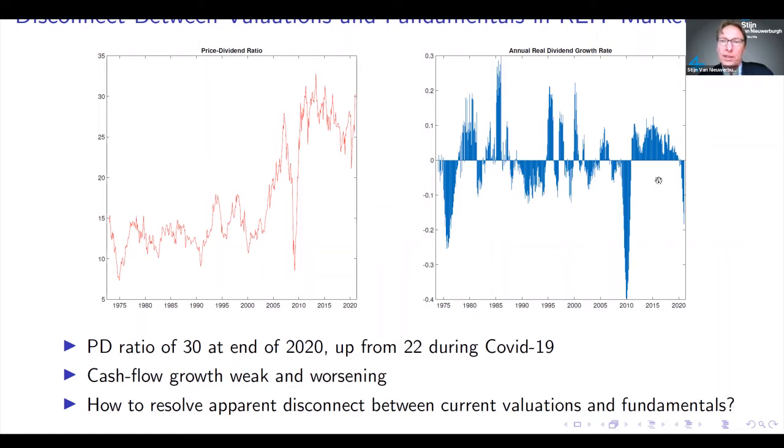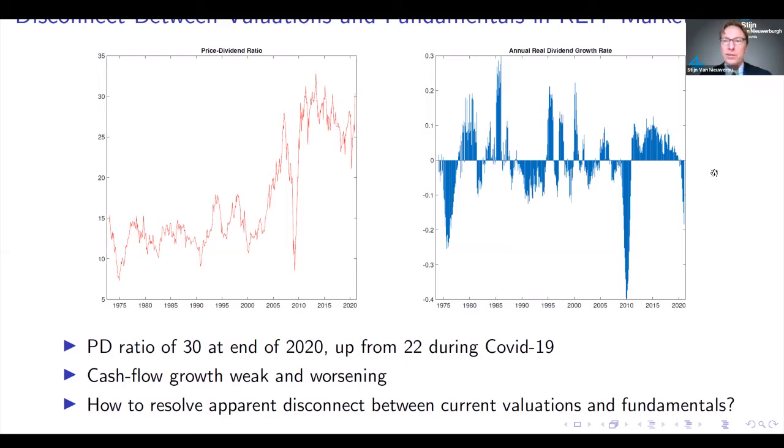NOI growth is a very cyclical variable with recessions and expansions. It doesn't look like NOI growth after 2000 is always higher than it was before 2000. So it doesn't seem that either the secular changes in these valuation ratios in the left panel, nor the high valuation ratios at the end of the sample, are naturally explained by looking at cash flow growth.